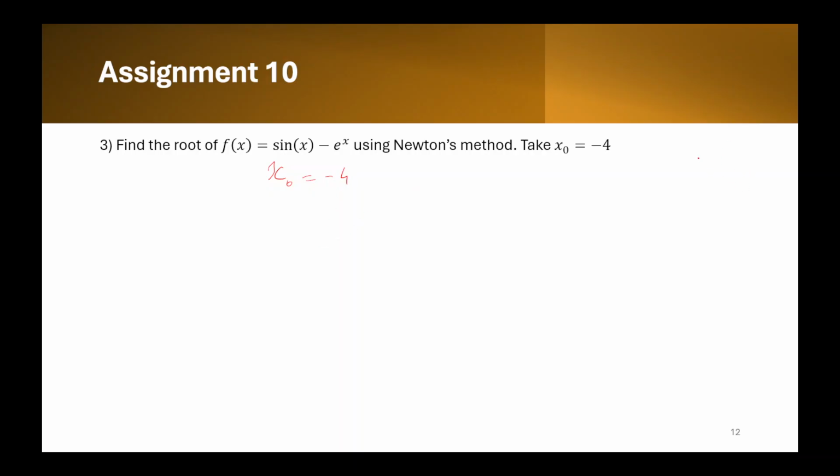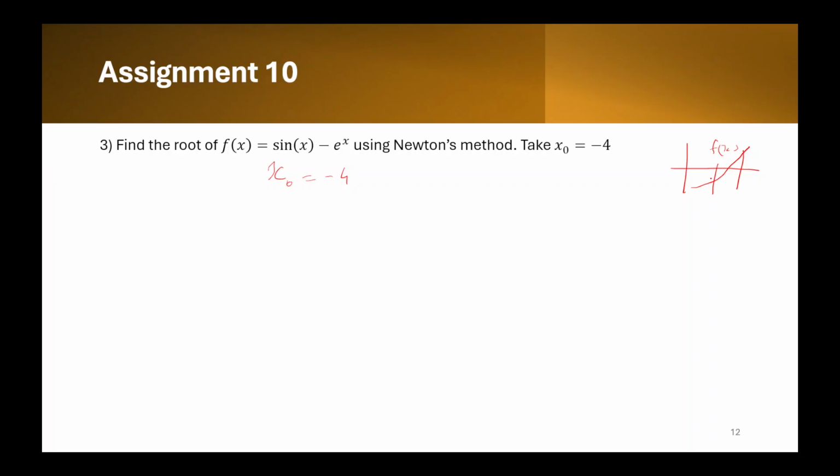How to assume x naught? Suppose there is some function, not this function, any function. You need to have some interval where the function changes its sign. So f(x) is positive in this range and negative in this range.